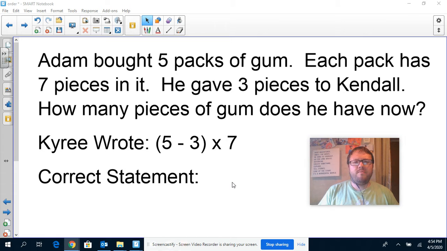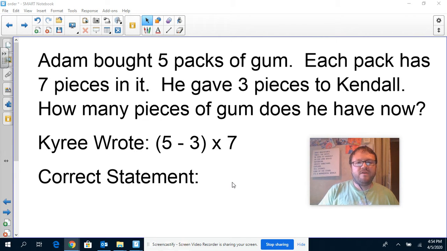When I look at that problem, it says that he bought 5 packs of gum and each pack has 7 pieces in it. I know that I'm multiplying 5 times 7 in this problem, and that's 35. That number sentence will not give me 35. It only gives me 14. He has more than 14 pieces of gum based on that story.